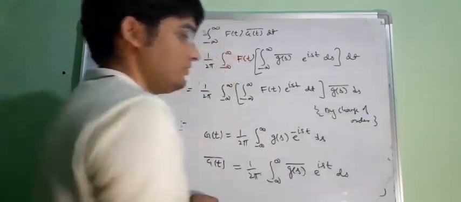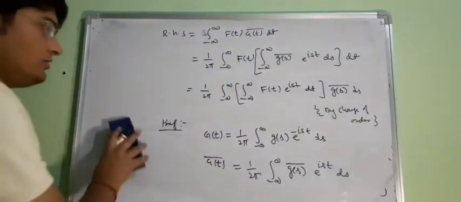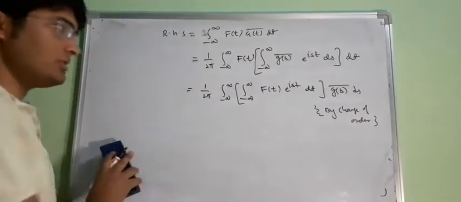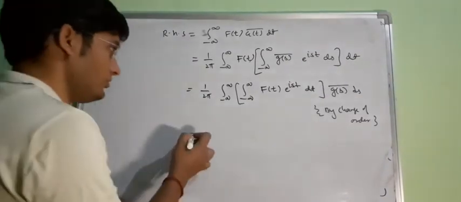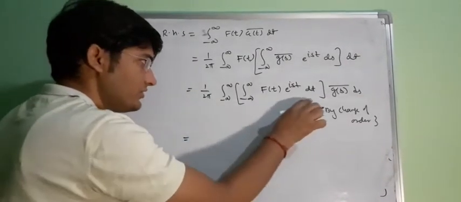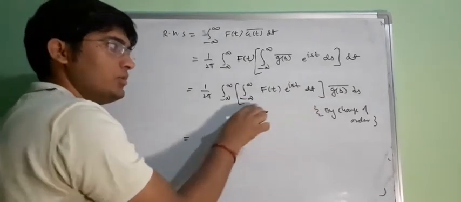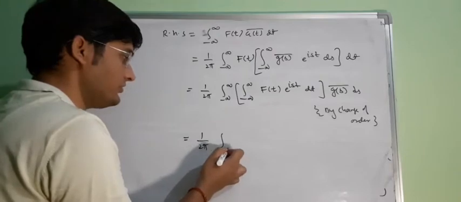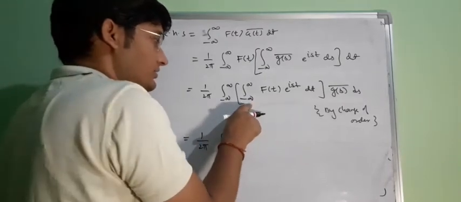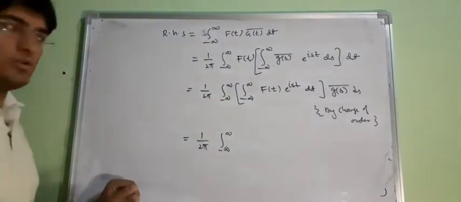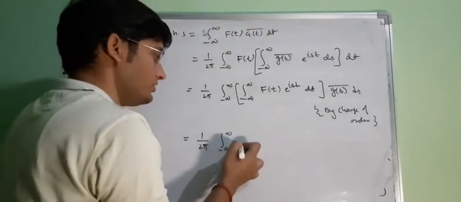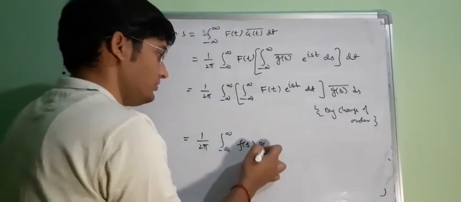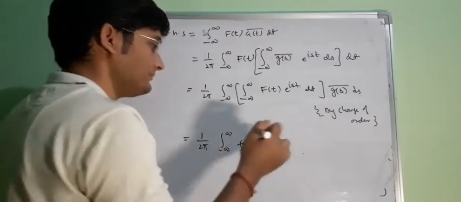Here we can apply the change of order of integration, and there will be no change in the limits because the limits are constant. So now you can see that this is the definition of the Fourier transformation of f(t), which is f(s). So this is your answer.